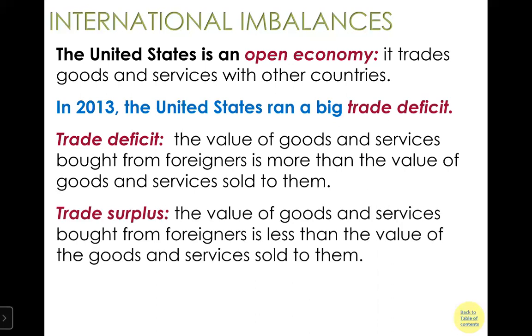To finance the extra cars we purchased from Germany, we must borrow from Germany. Equivalently, Germany will save the actual dollars they earned in the US market. This is how we finance the trade deficit.